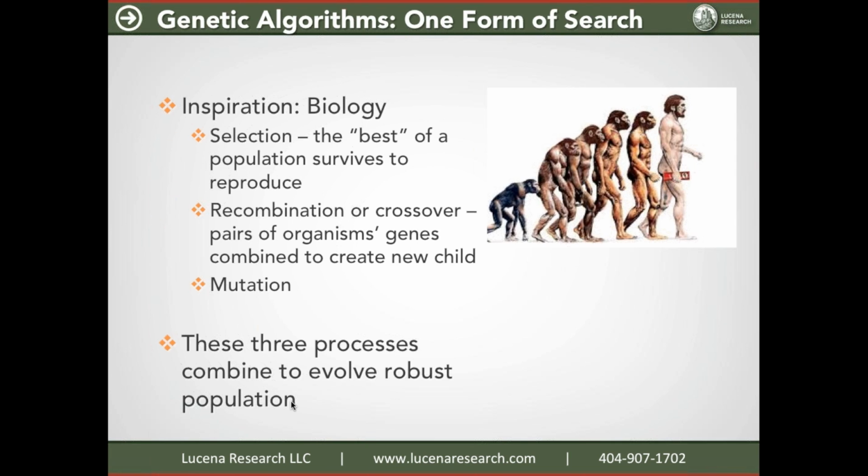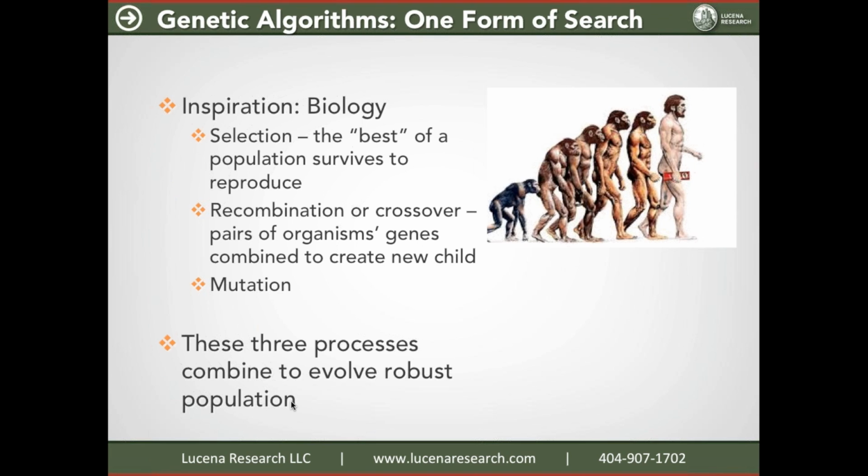Okay, so what are genetic algorithms? As you might expect, it's something inspired from biology. There are 3 key aspects of that biological inspiration that we draw upon. The first is selection.